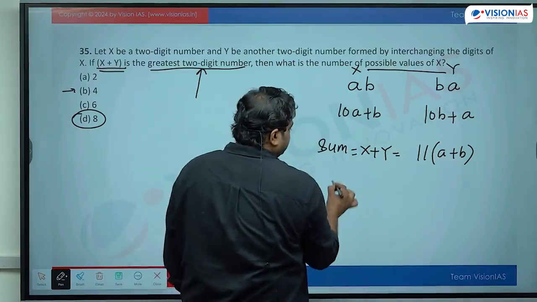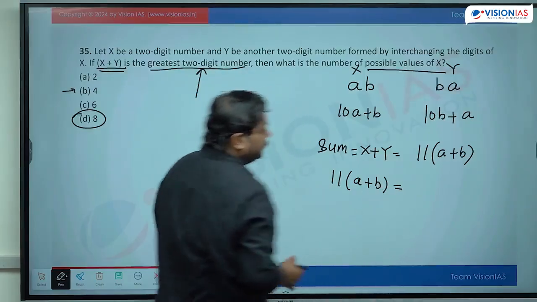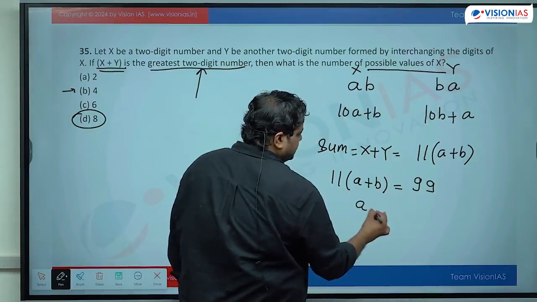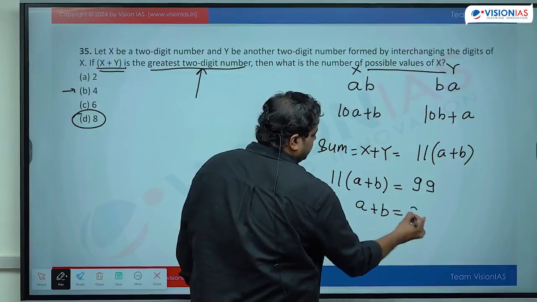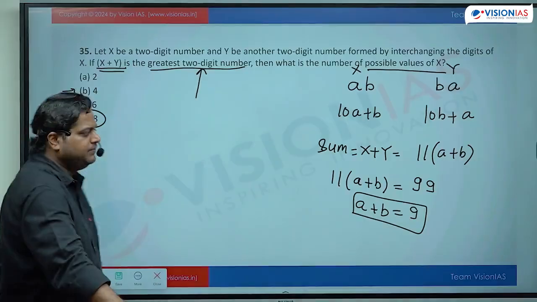This sum is equal to the greatest 2-digit number, that is 99. So A plus B key value 9. A plus B key value we are getting 9.